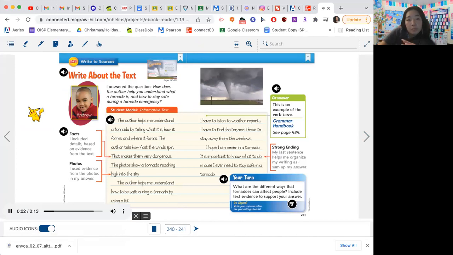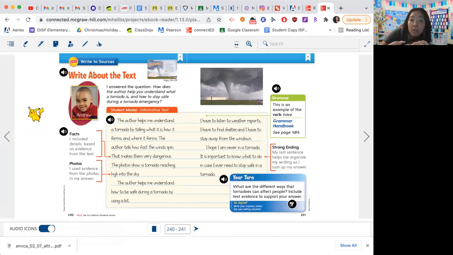Write about the text. I answered the question, how does the author help you understand what a tornado is and how to stay safe during a tornado emergency? So we're going to read what this little 2nd grader Andrew wrote, okay? He's going to include facts, which are details based on evidence or things that he learned from the story.